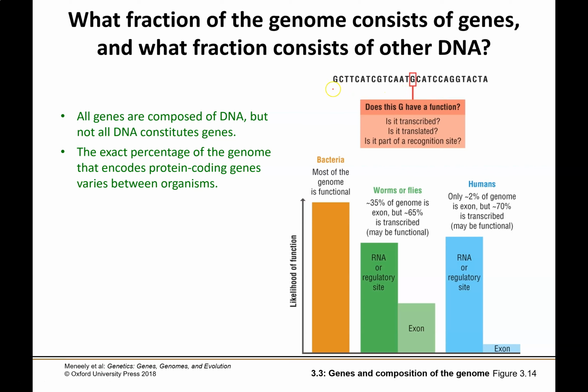If we have a particular location within the gene, is that location transcribed? That means, is it turned into messenger RNA or some other types of RNA? And we'll talk about RNA later. Does it actually produce a protein and therefore a phenotype? Or there are other functional reasons that you might have a particular bit of information.